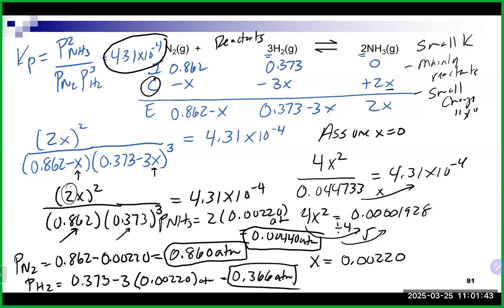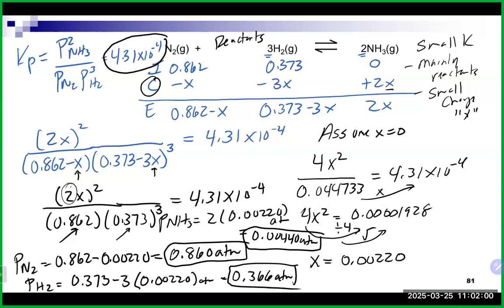Any questions on the assumption? Question I have is, why did I not try the assumption on the previous few problems we did? In the previous few problems that we did, the K value was 54.3, 54.3, and 7, right?